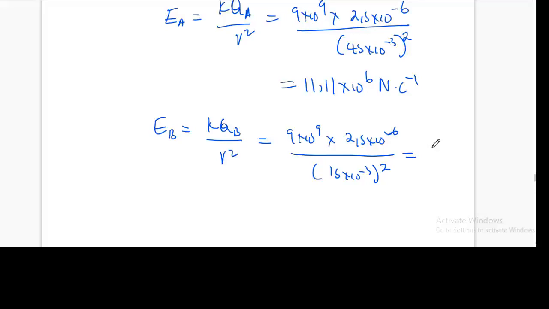So now I have 100 times 10 to the power 6 newtons per coulomb.